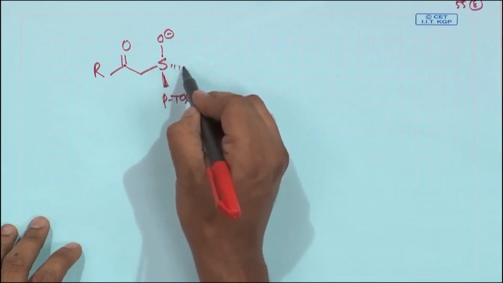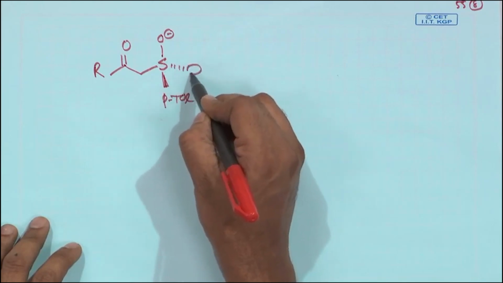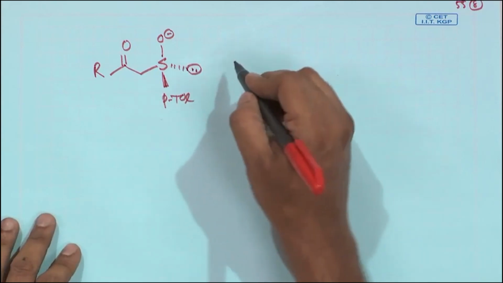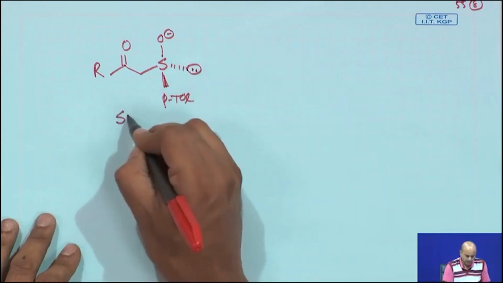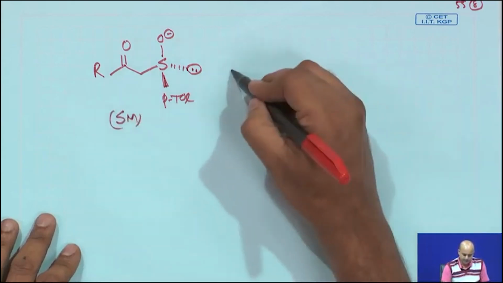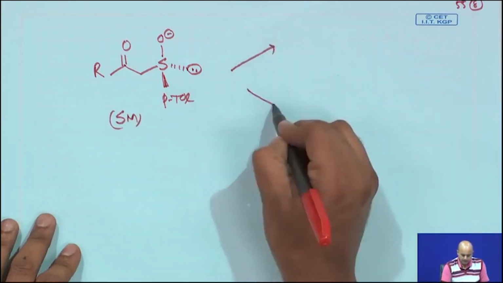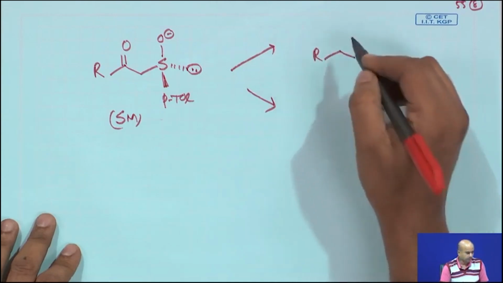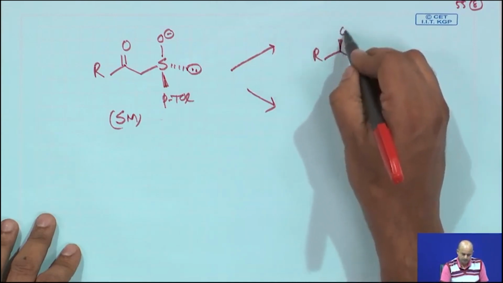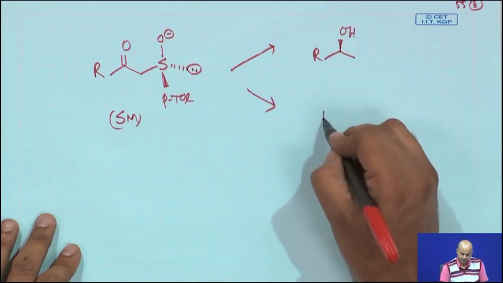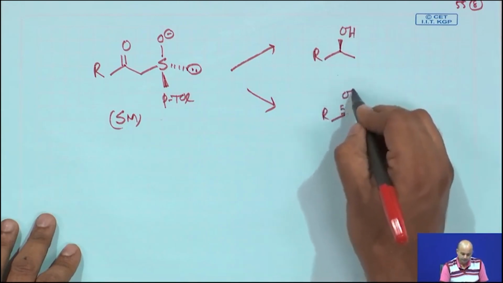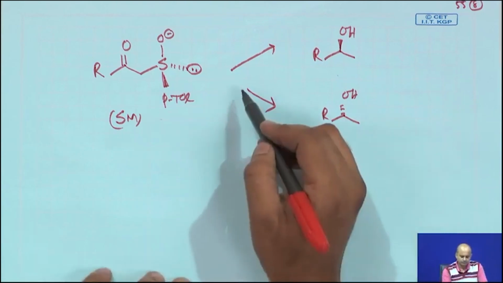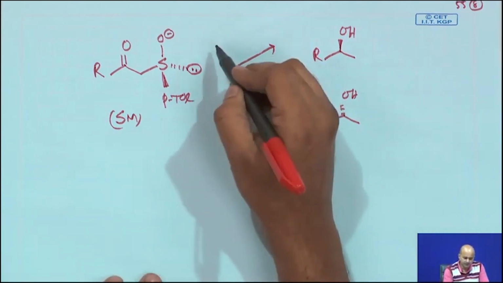So this is your lone pair, and this is a chiral sulfoxide. Now, I say that the starting material was this one, and you have to create two divergent products: you have to make this compound as well as this compound.